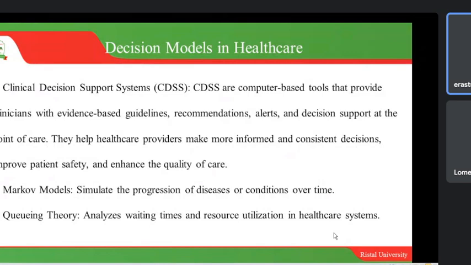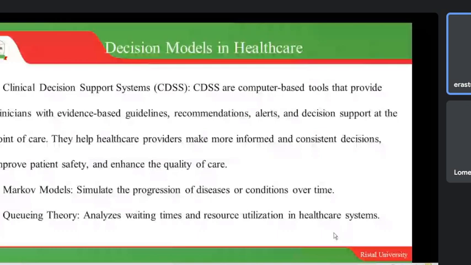We also have what we call the Markov models. These simulate the progression of diseases or conditions over time. And we also have the queuing theory. I think I've mentioned that when I was explaining the previous slide. The key focus is to check on waiting times, and it is also to focus on how we do scheduling, for example, appointment scheduling, and at the end of the day, be able to improve resource utilization in healthcare systems.